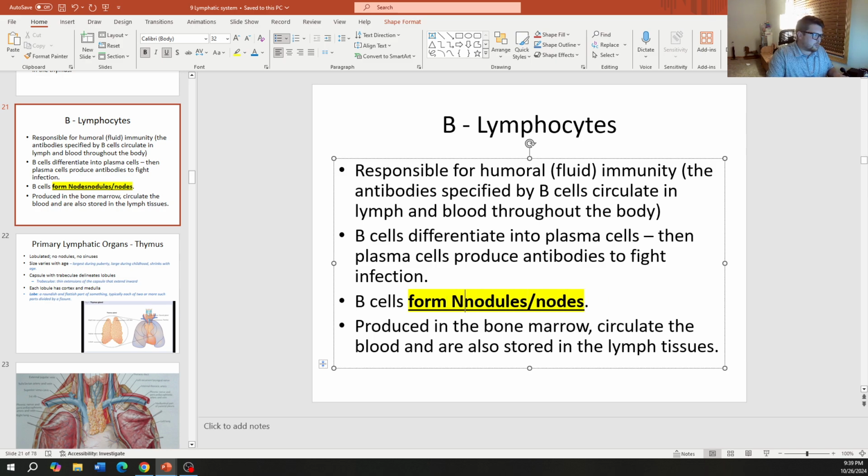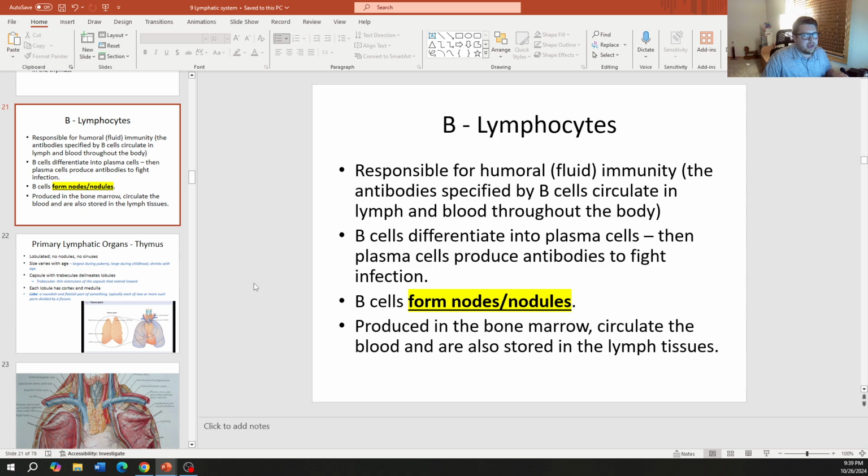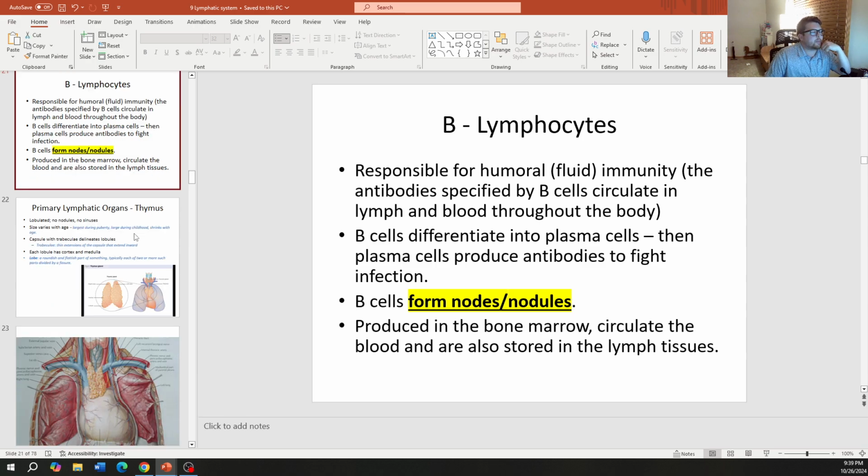If I was the one teaching this entire course, I would personally use nodes over nodules, but that's just little semantics things of language. If you see it on an exam, unless it's specifically talking about pathology, use nodes and nodules interchangeably. Okay, don't worry too much about that.